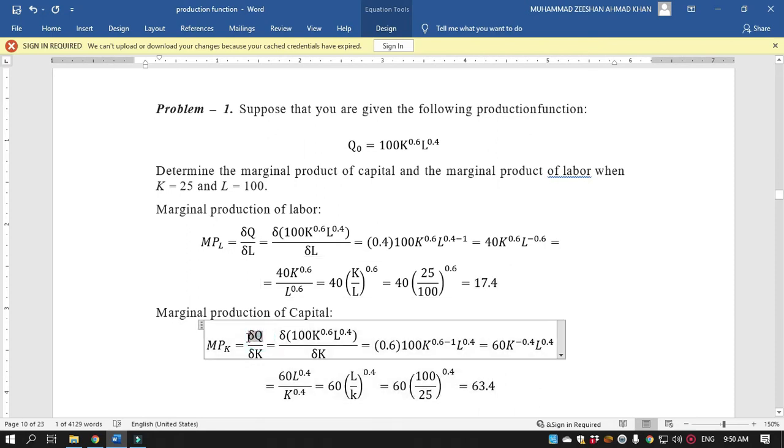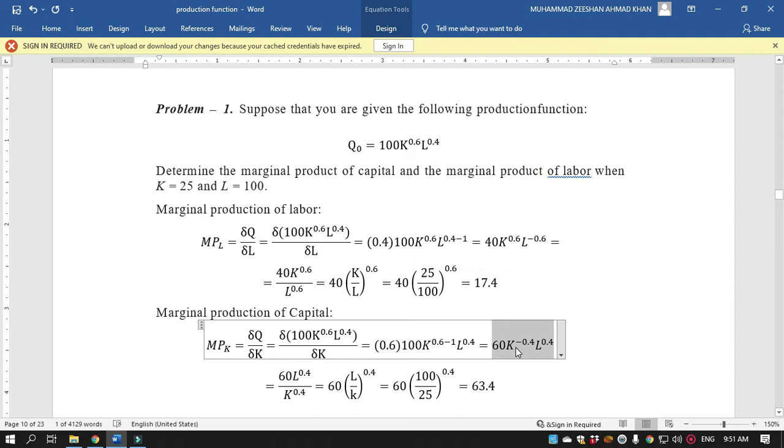And similarly, we can calculate the marginal production of capital as well. Again, the production function is taken for derivative with respect to capital, and the similar rule and principle is applied, where the power of K, that is 0.6, is multiplied by 100, and 1 is subtracted from the power, and the resultant function is 60 K raised to power minus 0.4, L raised to power 0.4 again.